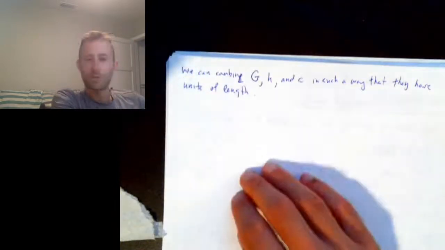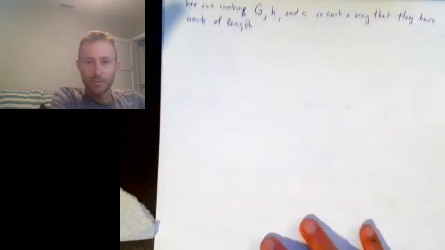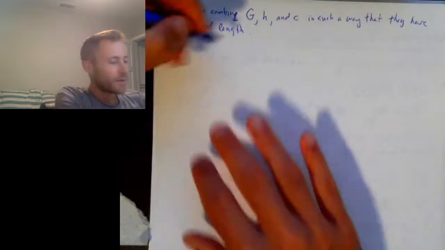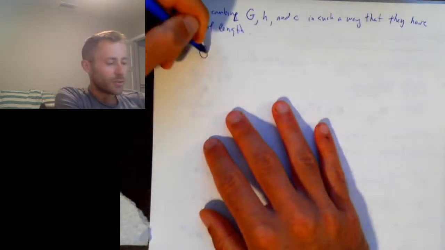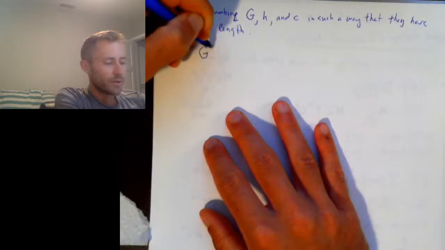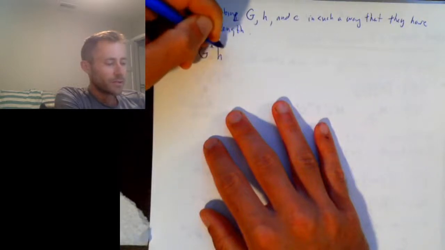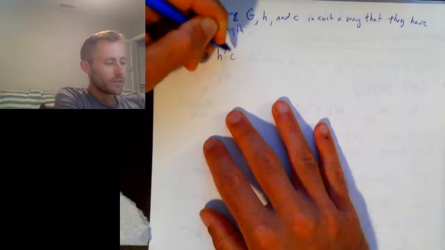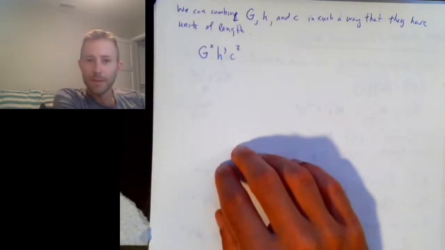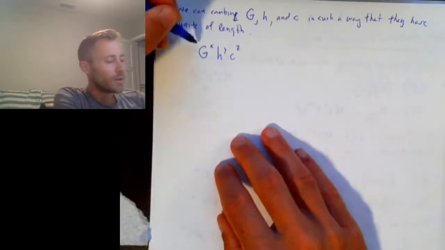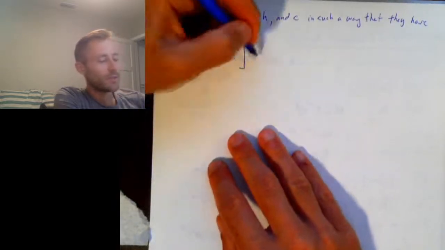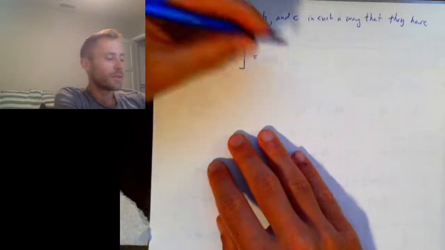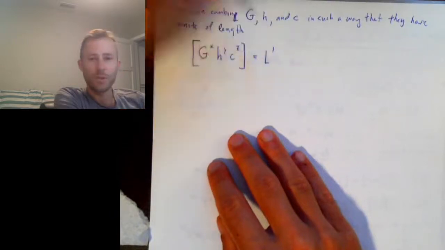Okay, so watch. Here's how we do it. So we're going to say, all right, let's suppose that something has units of length. It's G to the X power, H to the Y power, and C to the Z power. Okay? And we want the units of this to have units of length, L to the 1.